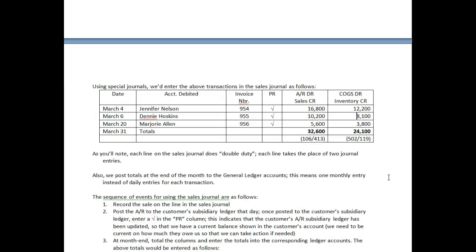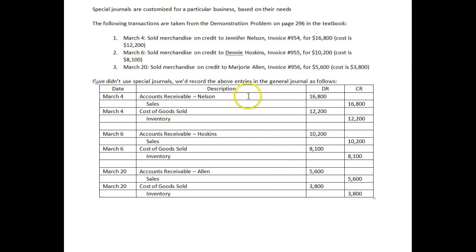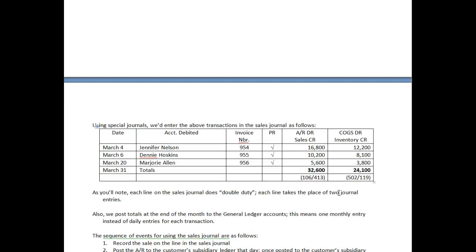Okay, so what I want to mention is up here in our general journal, we were having to post each one of these entries into our general ledger. Down here in the special journals, we just run totals at the end of the month. We calculate totals. So this 32,600 and the 24,100 is just the total of each of these 3 items up above.